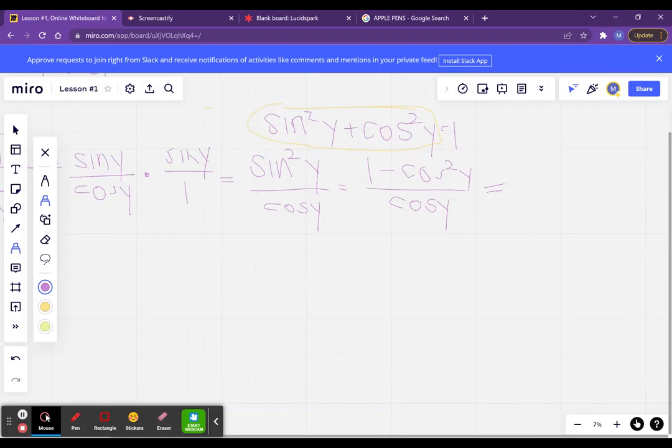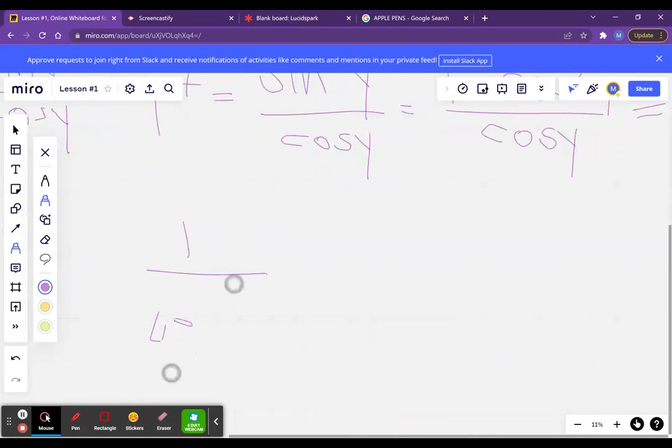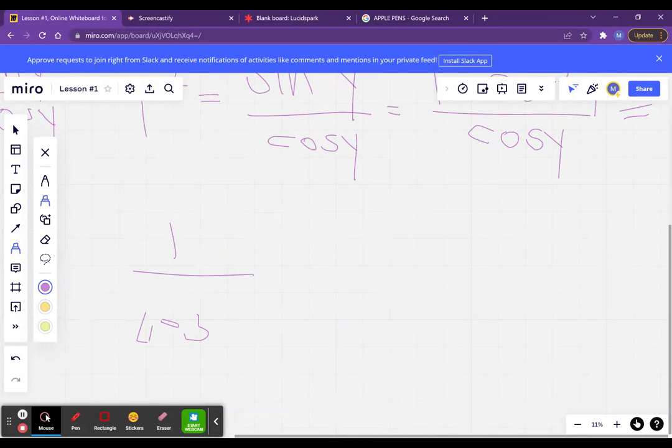Next, the last thing we can do is, since it's over a fraction, split it up: 1 over cosine y minus cosine squared y over cosine y.